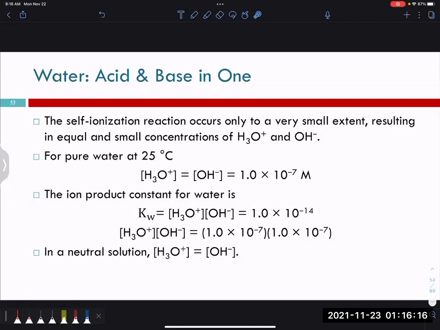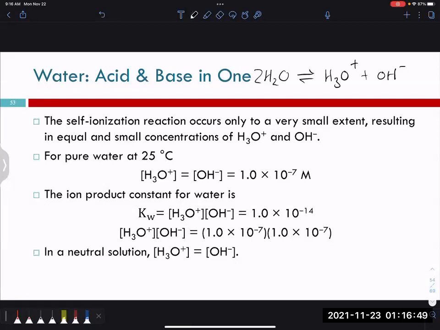So the ion product constant for water is, and this is based on equilibrium expressions that we talked about before, if our reaction is, sorry, it would be H2O. We're going to get this auto-ionization into H3O plus and OH minus, so I guess it would be 2 waters.